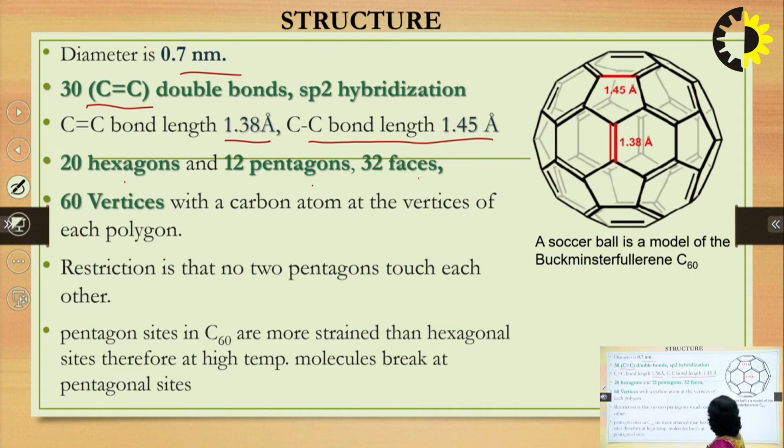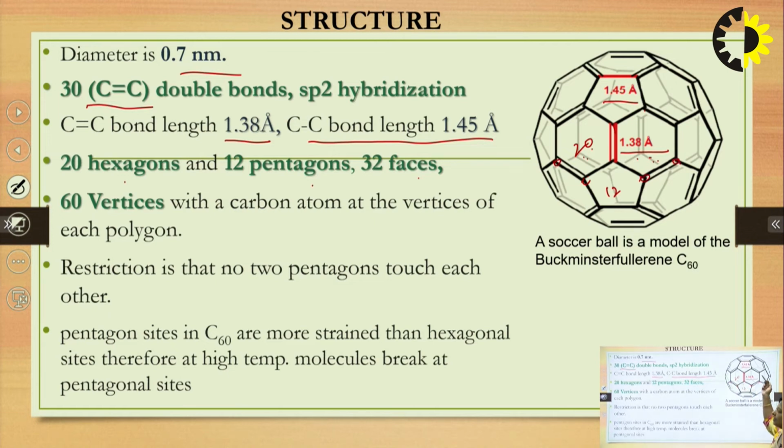The double bonds are connected with the cyclohexane ring, with bond length 1.38 angstrom. The pentagons have carbon single bonds of 1.45 angstrom. The total number of pentagons is 12, hexagons 20, and vertices, or corners, 60.